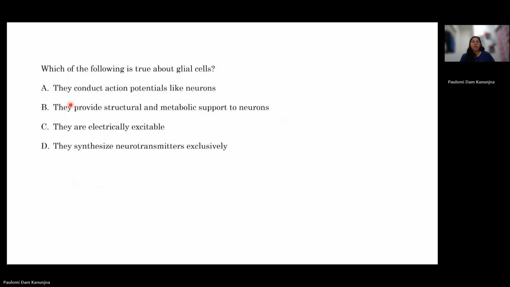Okay. So if that's not the correct option, which is the correct option for glial cells? Are they conducting action potentials? Are they providing structural and metabolic support? Are they electrically excitable, or are they synthesizing neurotransmitter exclusively?